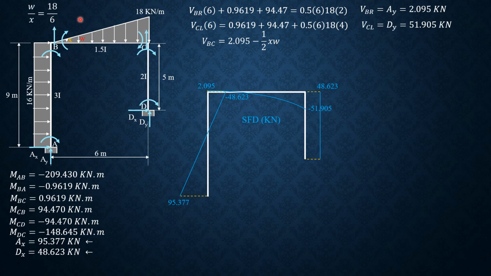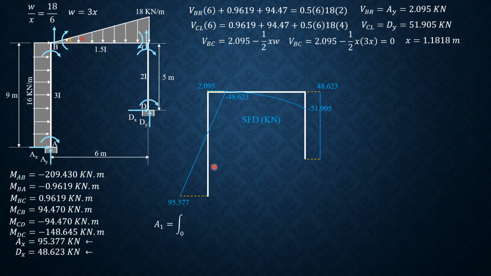Therefore, W is 3x. Substitute here. Shear BC is equal to 2.095 minus 1/2 of x times 3x, and we equate it to 0 to solve for the distance where the shear is 0, for the calculation of area later. So x is 1.1818 meters.